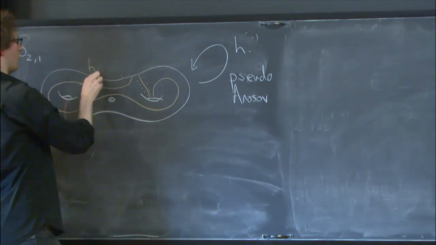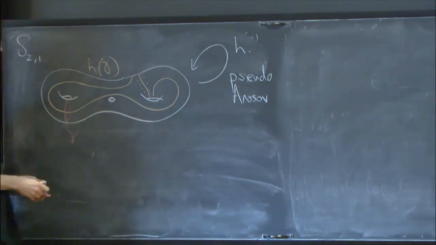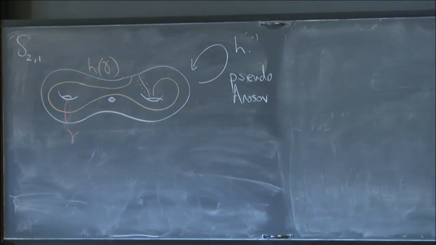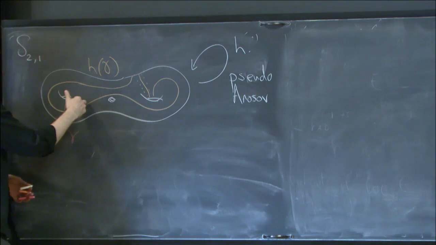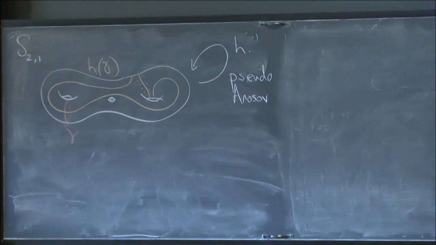So up here in orange is H of gamma. This map, which is taking curves to other curves, or more generally laminations to other laminations, is really inducing a dynamical system on this space of laminations that we have sitting in the background.